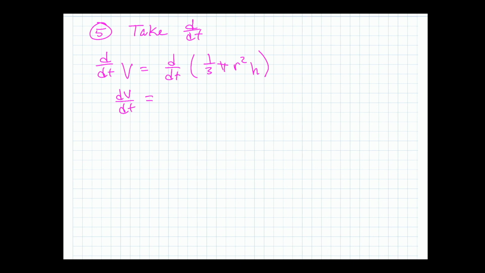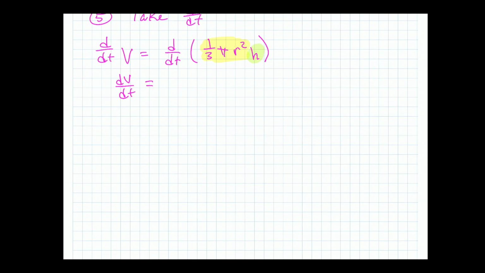On the right though, you've got the r's and the h's. You're going to have to do the product rule. So treat all of this as your f for the product rule, and then treat the h as your g. You actually don't have to technically do that because h is constant, but we'll just do it with the product rule.